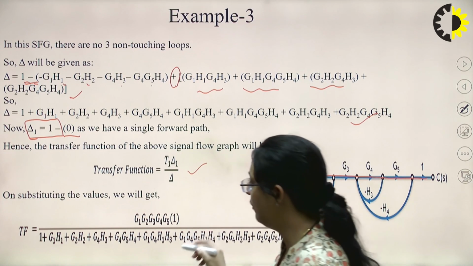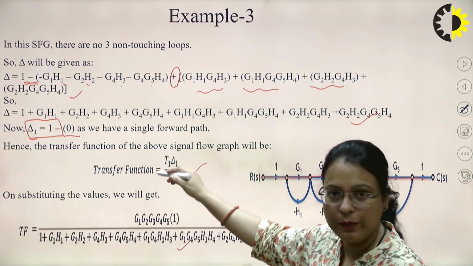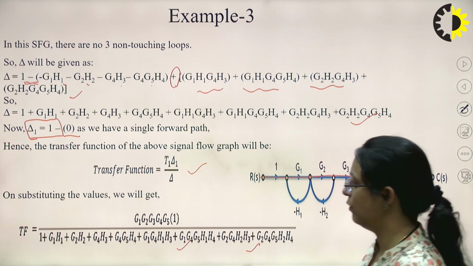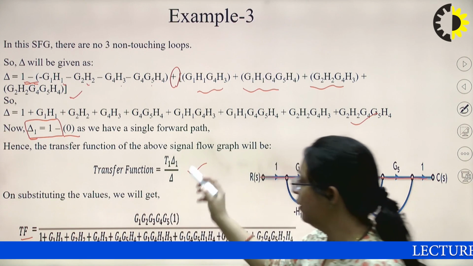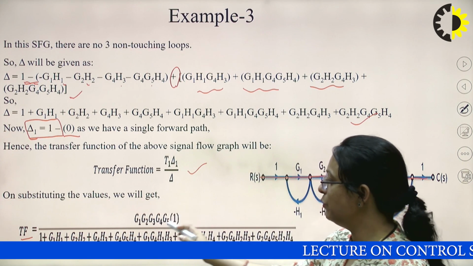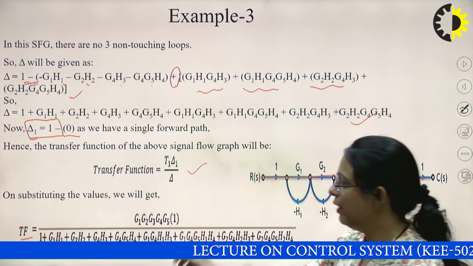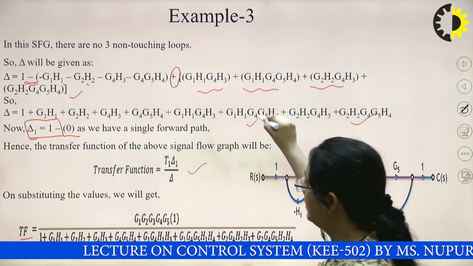Now we can put the values of the gains in this formula and we'll get the transfer function as this. That is, the transfer function will be G1 into G2 into G3 into G4 into G5 into 1, upon the value of this delta.